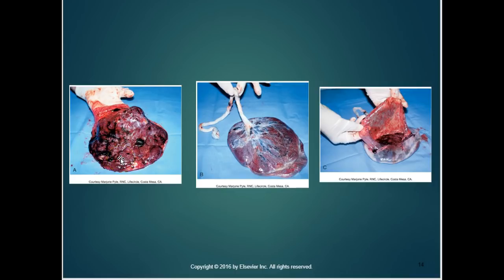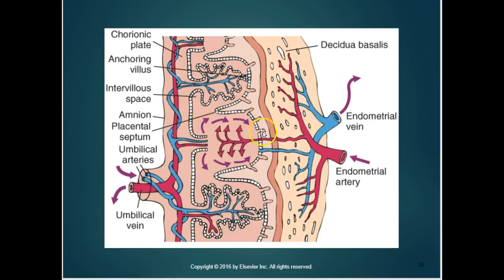And remember that the uterus and the placenta do not exchange blood. All that happens is mom pushes over oxygen and nutrients to the intervillous space. Let me go back here, this little space right here, and not red blood cells, just oxygen and nutrients. She pushes it over via this endometrial artery.